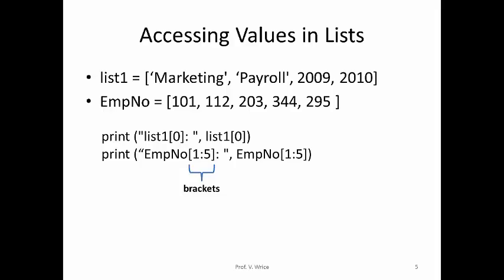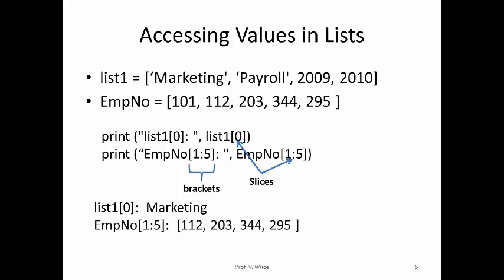Here are shown the brackets and slices of the lists. Then you can display list 1, the 0 element, marketing, and slices 1 through 5 of the empno.